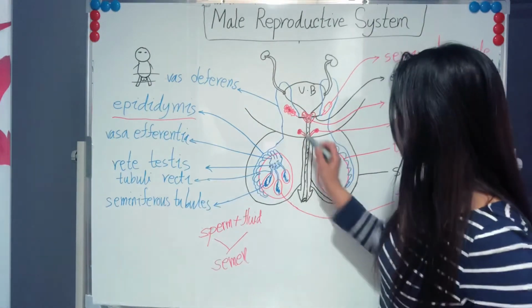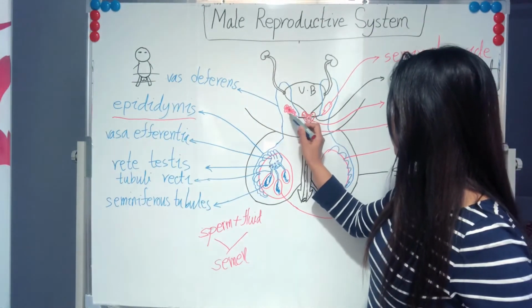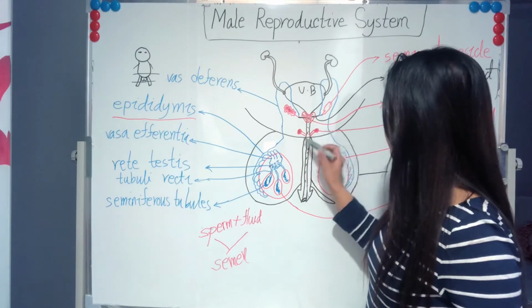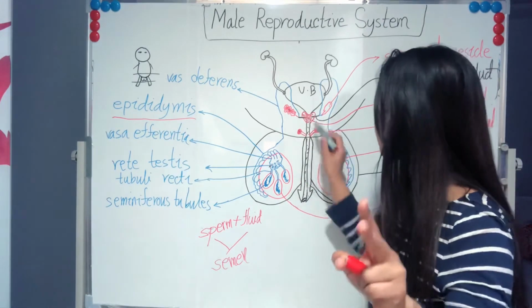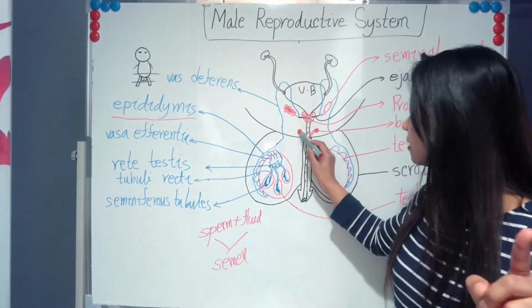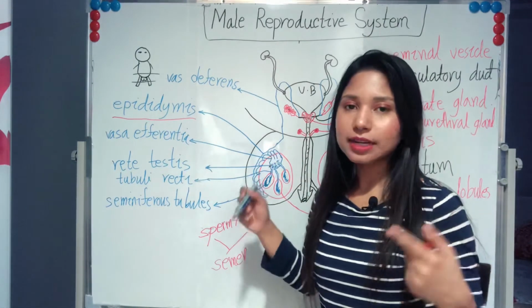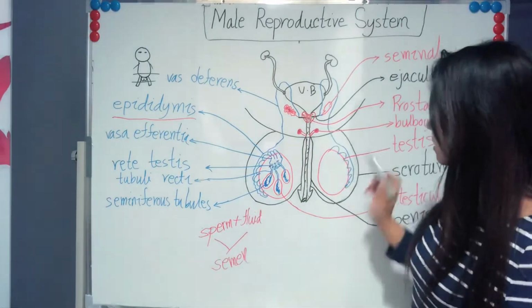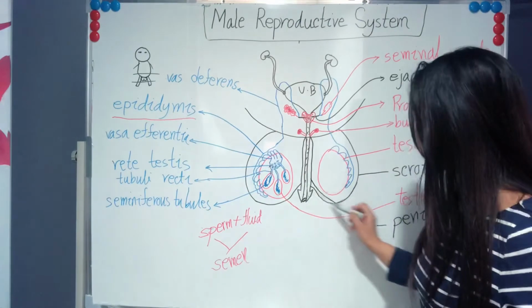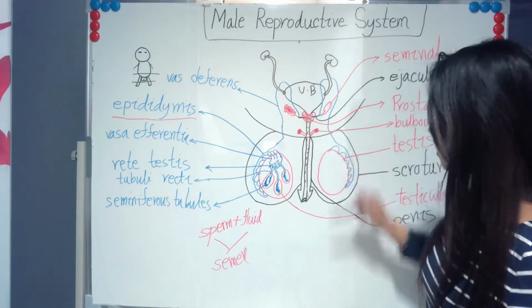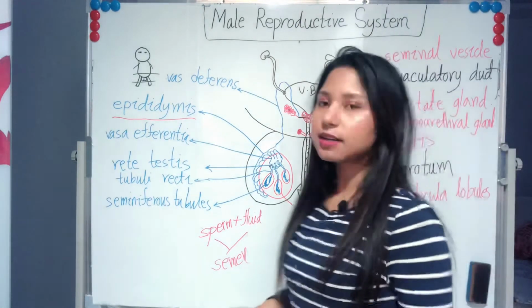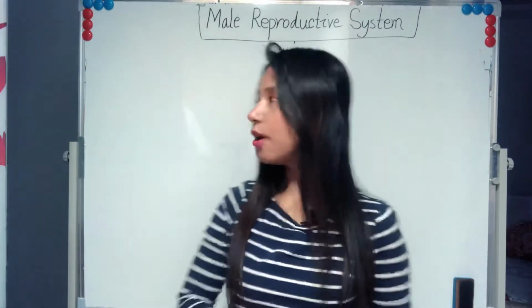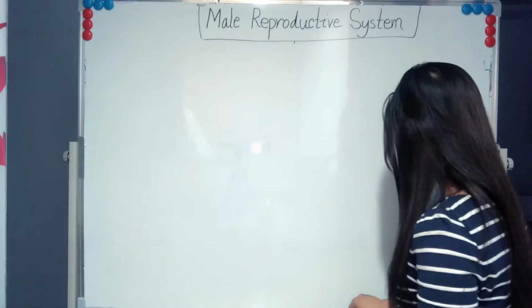Then accessory glands: 2 seminal vesicles, 1 prostate gland, and 2 bulbourethral glands. These are accessory glands. Then external genitalia, this scrotum and penis. Now I will make a side view of the male reproductive system.